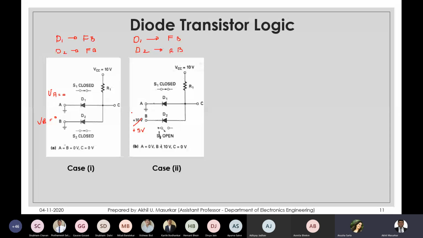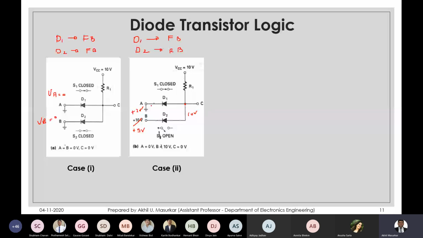If I make this plus 20 volts, how much? It will be forward or reverse? It will be reverse bias, because a higher voltage is there on the cathode side and a lower voltage around 10 volts is there on the anode side.